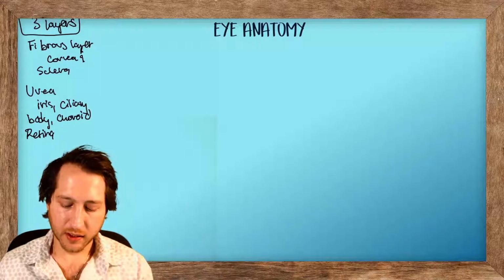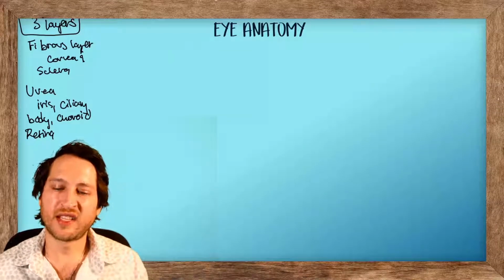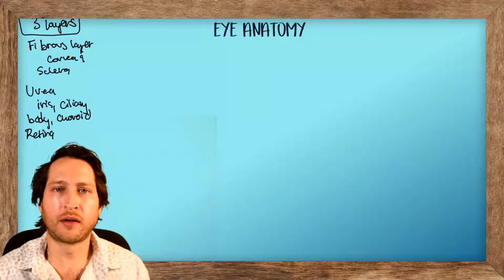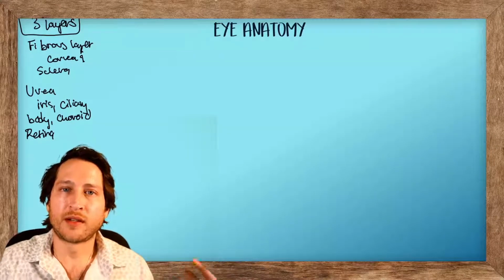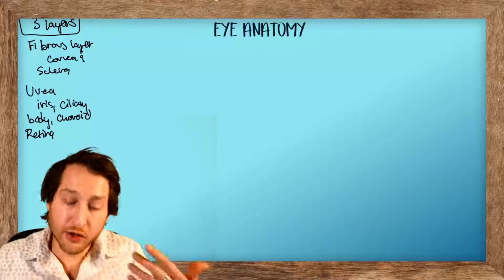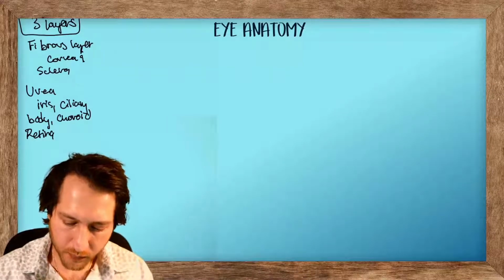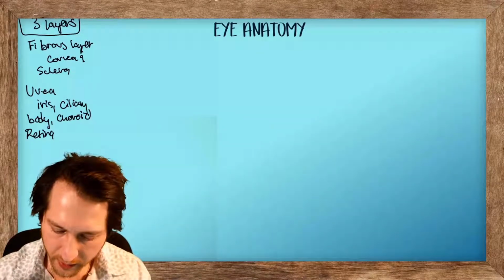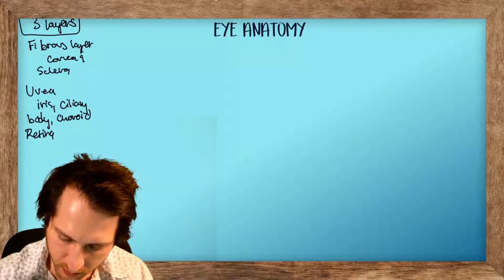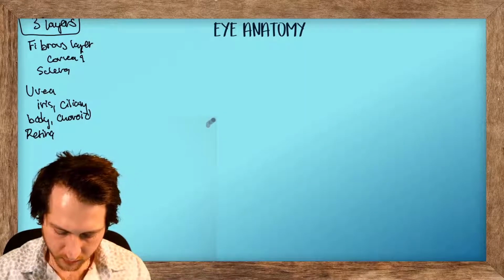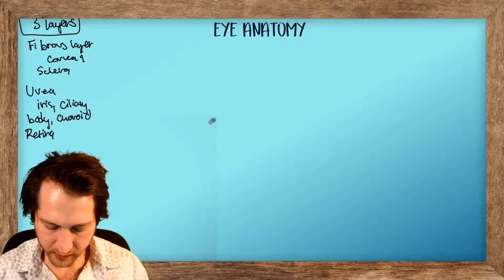All right, so let's go ahead and draw this. And what we're going to do, again, remember, this isn't anatomically correct, but the purpose of these sketches are to help you associate these different layers in your mind and help you learn the organization. So what we're going to do is we're going to start with the cornea, the transparent portion. Okay, so it doesn't have to be perfect.